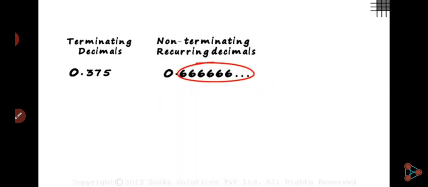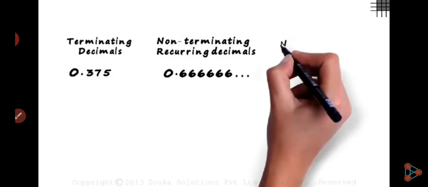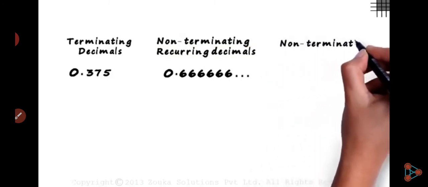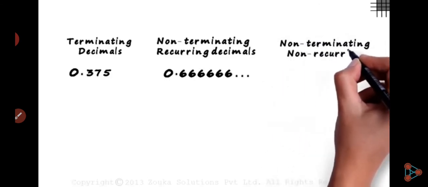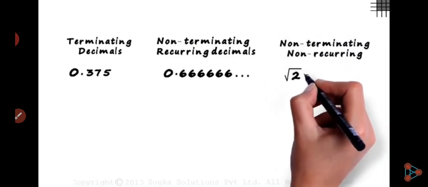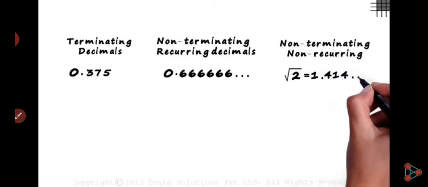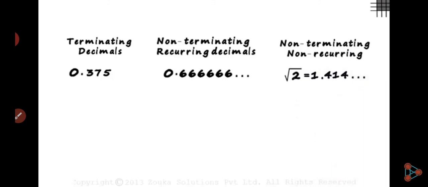Here also we saw that we can write it in the form of p upon q. We can also write these numbers in the form of p upon q. And the third type of number is non-terminating non-recurring decimal, suppose √2, whose value is 1.414 approximately. Pi is 3.147 approximately. This type of number is called non-terminating non-recurring.